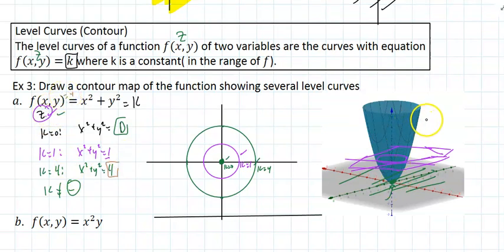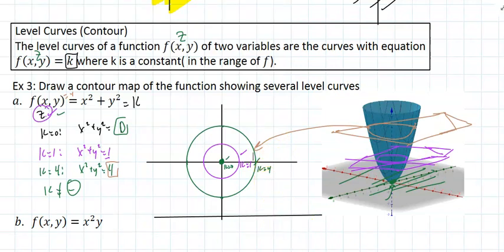If I go up to 4 and I sketch a plane, shouldn't that intersect, creating that right there? So when we say level curves, we're taking the 3D and we're running flat, just parallel to the XY plane. We're just running a bunch of z's.